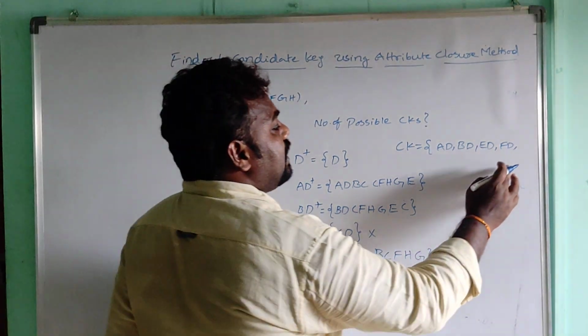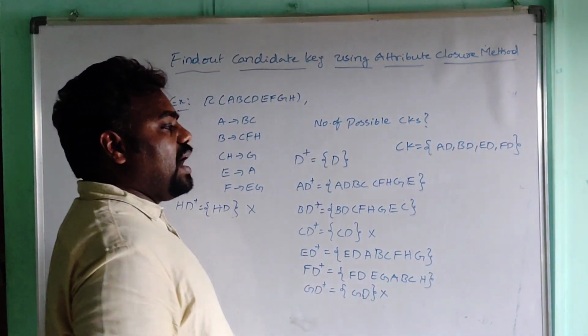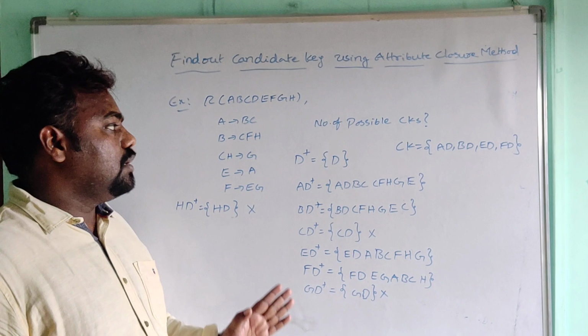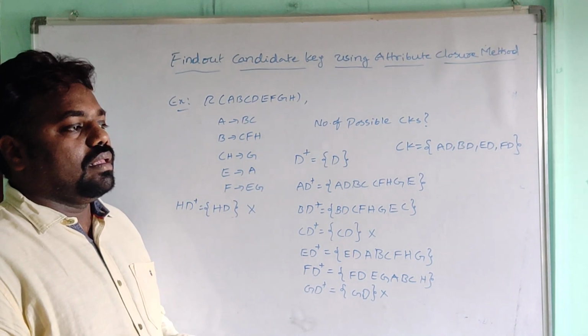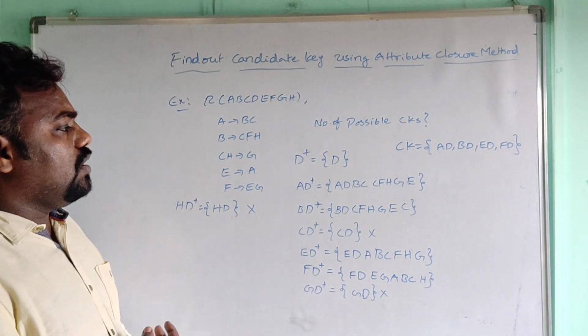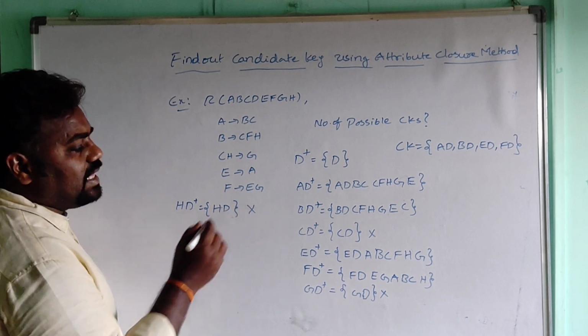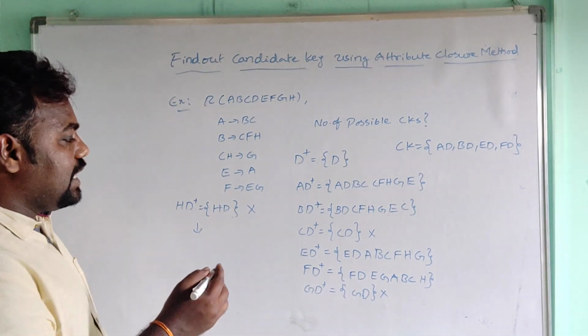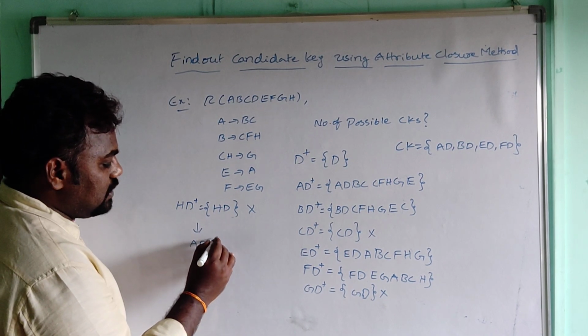Then finally these are the four possible candidate keys for this given relation. We can also determine all the elements by taking a three element combination, that is ABD plus.